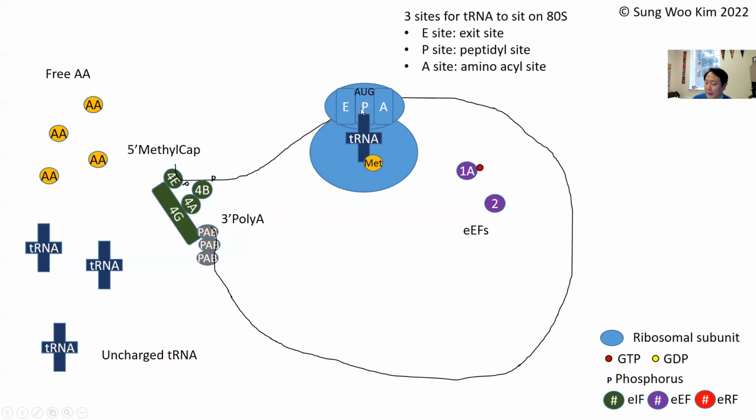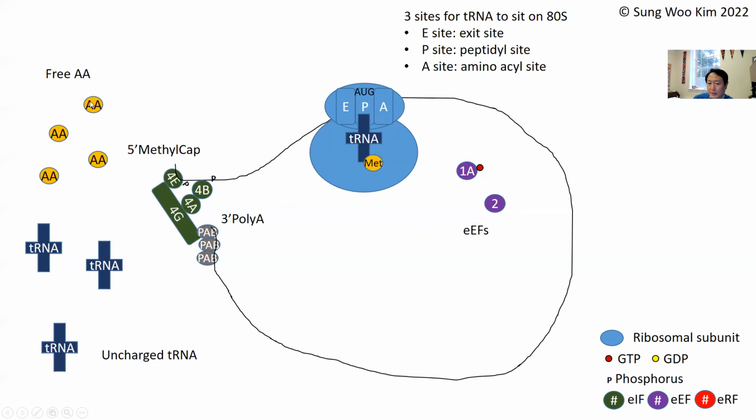The second one, reading actually the start codon, is called the P site. That is short for peptidyl site. And the third area for reading the third codon is called the A site. And that's short for amino acid site. So there are 3 sites in the 80S for the tRNA to come and stay.